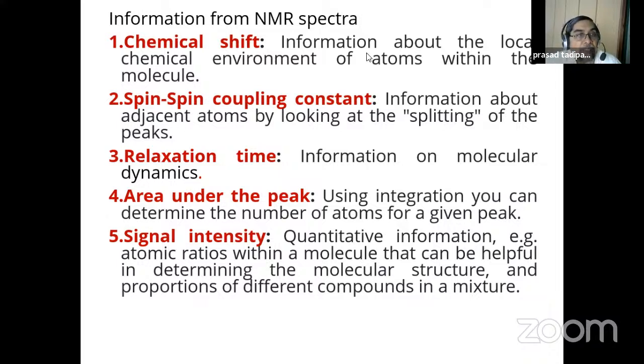These are all different concepts from where you will get information about the local chemical environment of an atom within a molecule. If you consider one molecule, within that molecule, how the chemical environment of atoms changes locally, from that you can calculate.